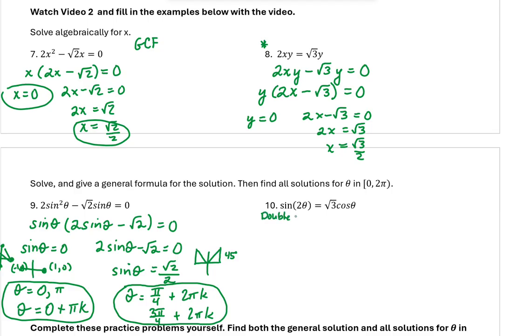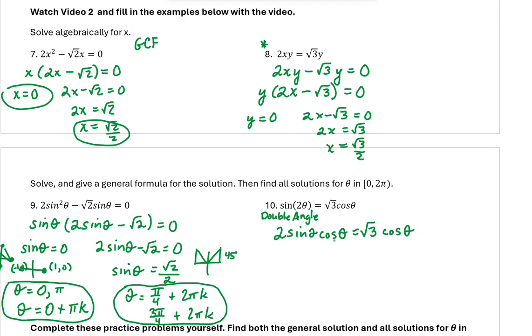So you want to think about whether it would be helpful to use the double angle formula. It's not always, but in this case, I think it will be. So the sine of 2 theta in double angle formula would be 2 sine theta cos theta. Okay. So then on the other side, we have root 3 times the cos of theta. Okay. So now it's actually set up, voila, just like number 8.